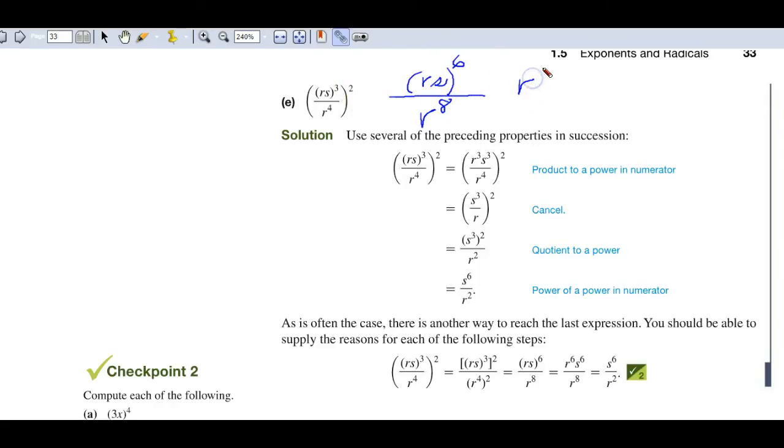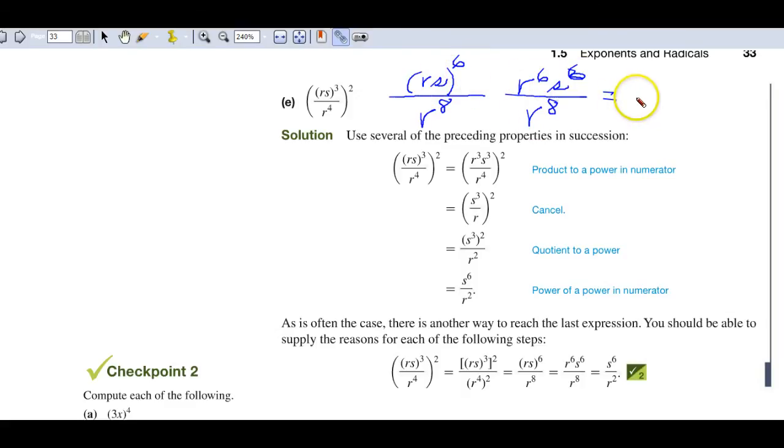Now this becomes r to the 6th, s to the 6th, over r to the 8th.